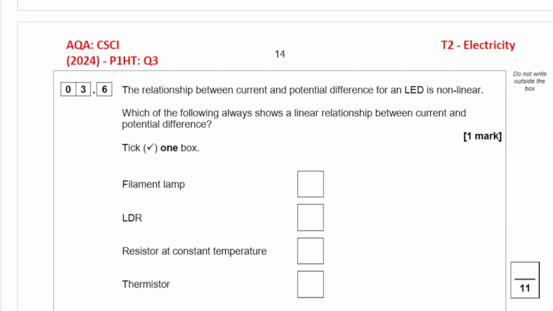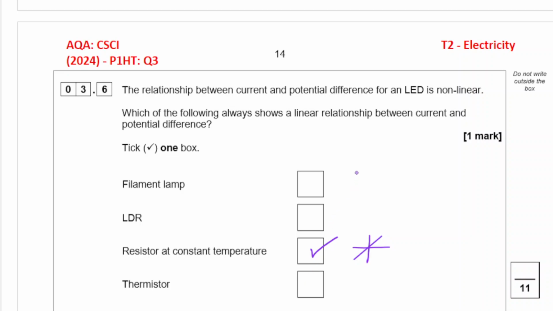Which of the following always shows a linear relationship between current and potential difference? That would be a resistor at constant temperature. Remember, there are 3 graphs. For a resistor, the IV graph should be a straight line like this.